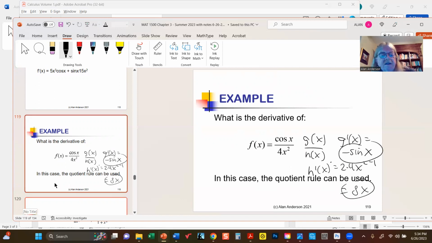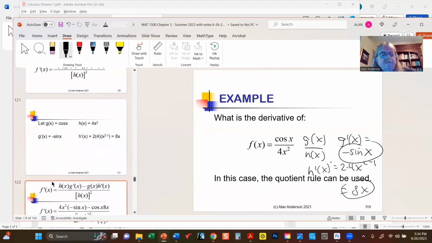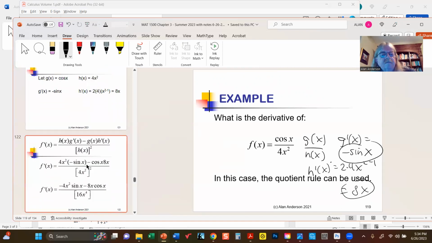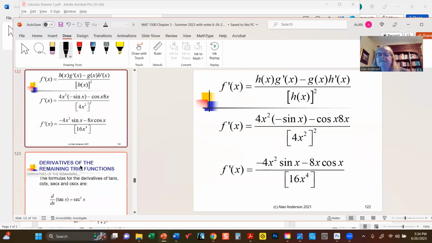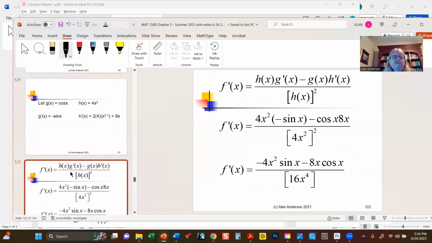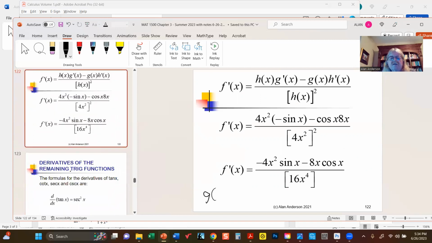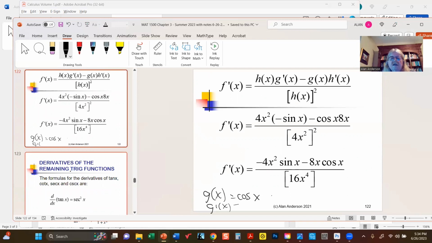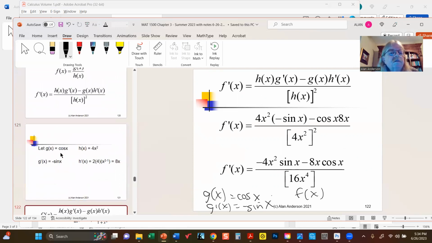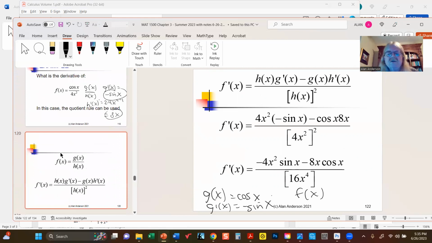Now we just plug everything in. All right, so it's already been done here for you, but let me just quickly remind you that g of x was the cosine of x. g prime of x is the negative sine of x. f of x was 4x squared.